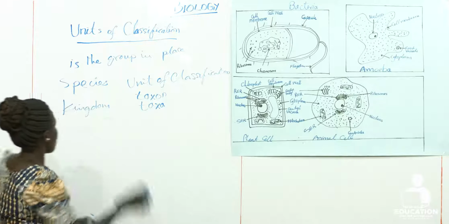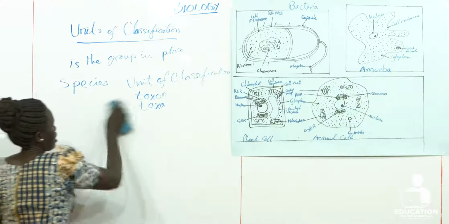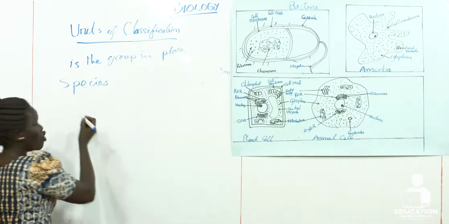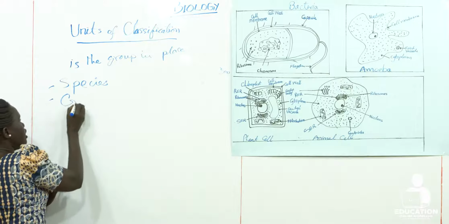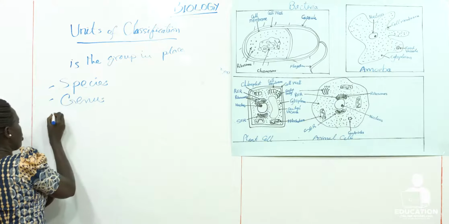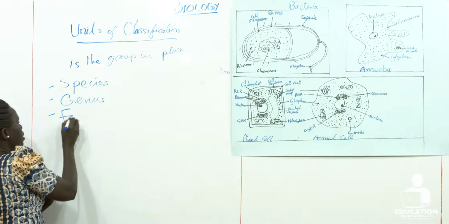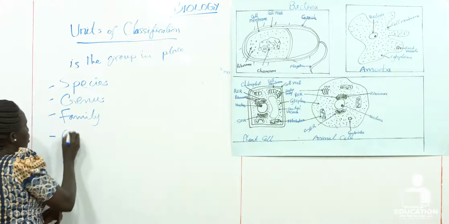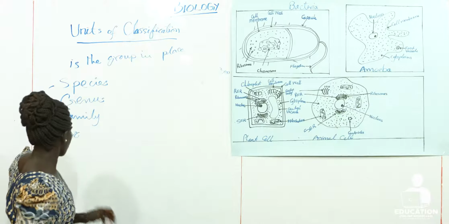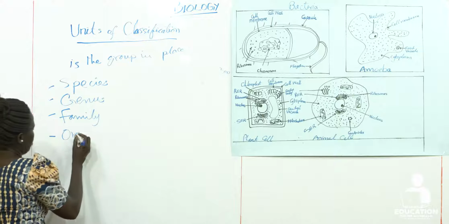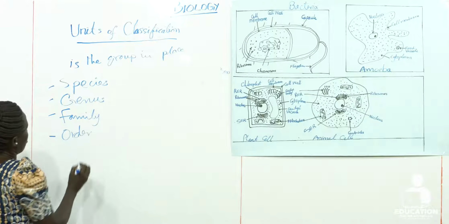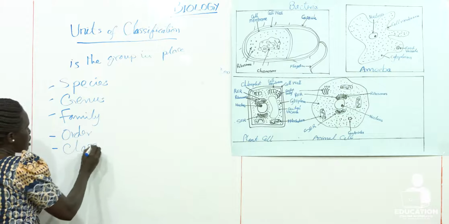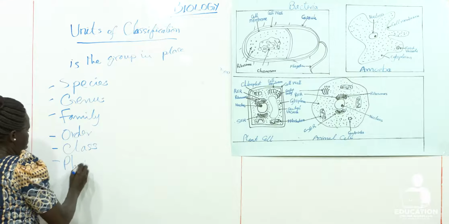So we start with the smallest one, which is species, followed by genus, coming to family, then order, then followed by class, phylum.